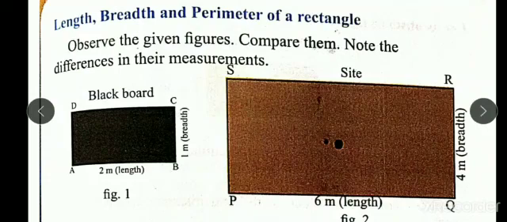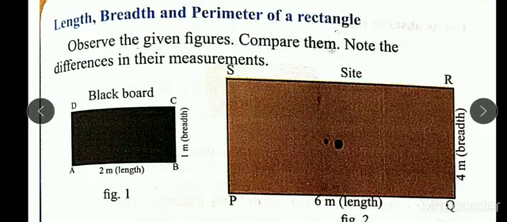Observe the figure here. There are two figures. Compare the two figures here. In the first figure, the breadth is 1 meter and length is 2 meter. And in the second figure, length is 6 meter and breadth is 4 meter. So here you are noticing that length and breadth are different.